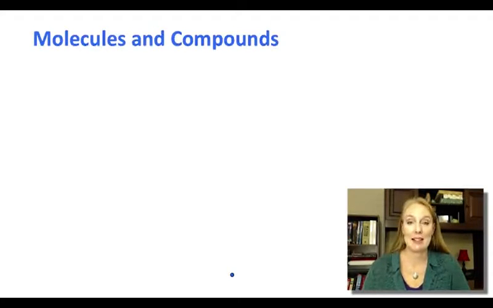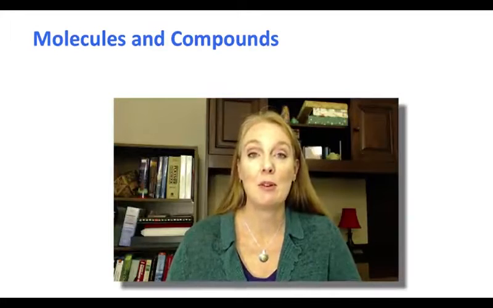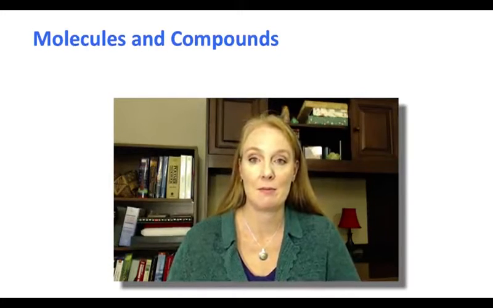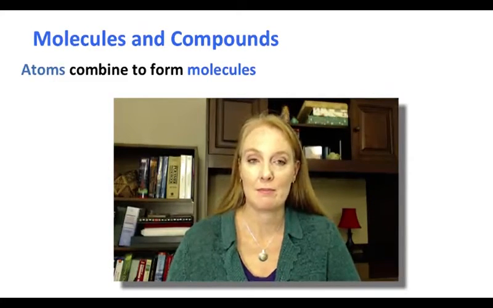Atoms can combine together in different ways. Some species exist as single atoms, like helium and neon, in nature. But most types of elements are too unstable to be by themselves as single atoms in nature, and they like to be together with other atoms. Atoms like to combine with other atoms to form molecules.